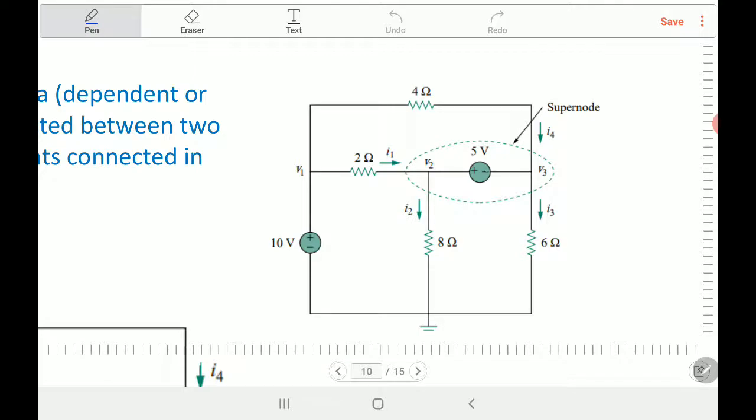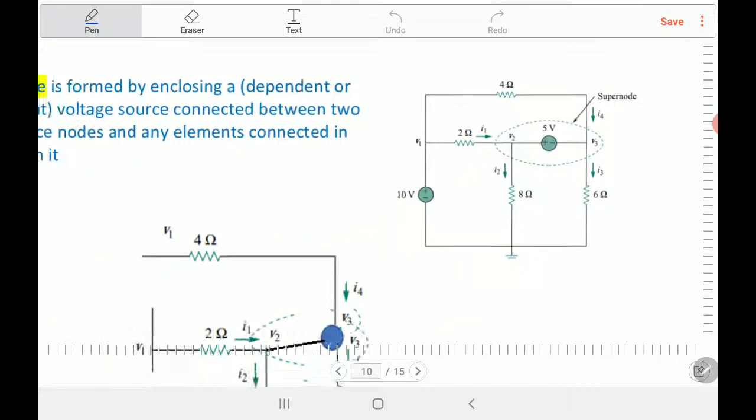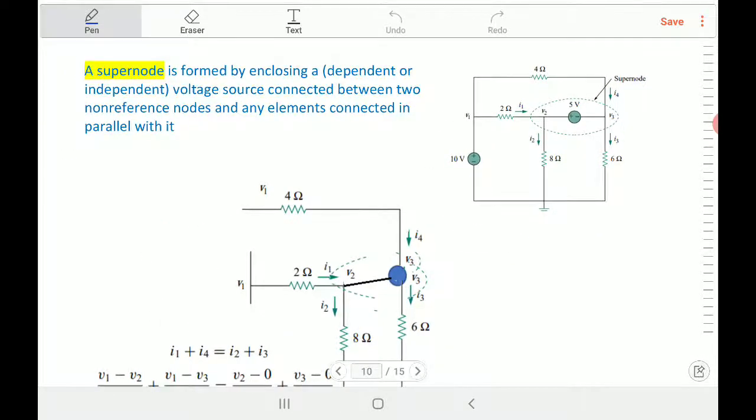Sometimes the voltage source is connected between two nodes in the middle of the circuit. So what do we call this? We make something called a supernode. A supernode is formed by enclosing a voltage source between two non-reference nodes.